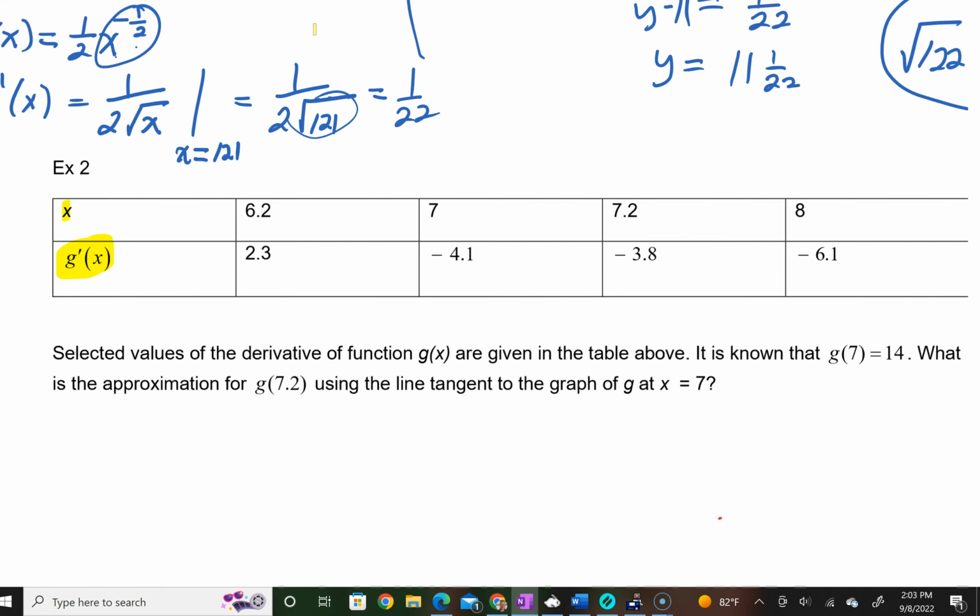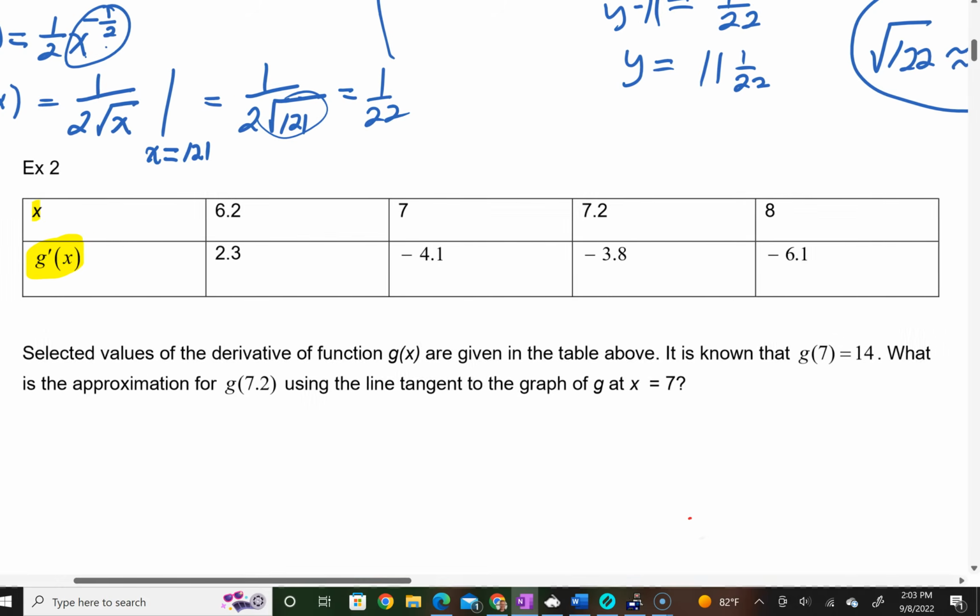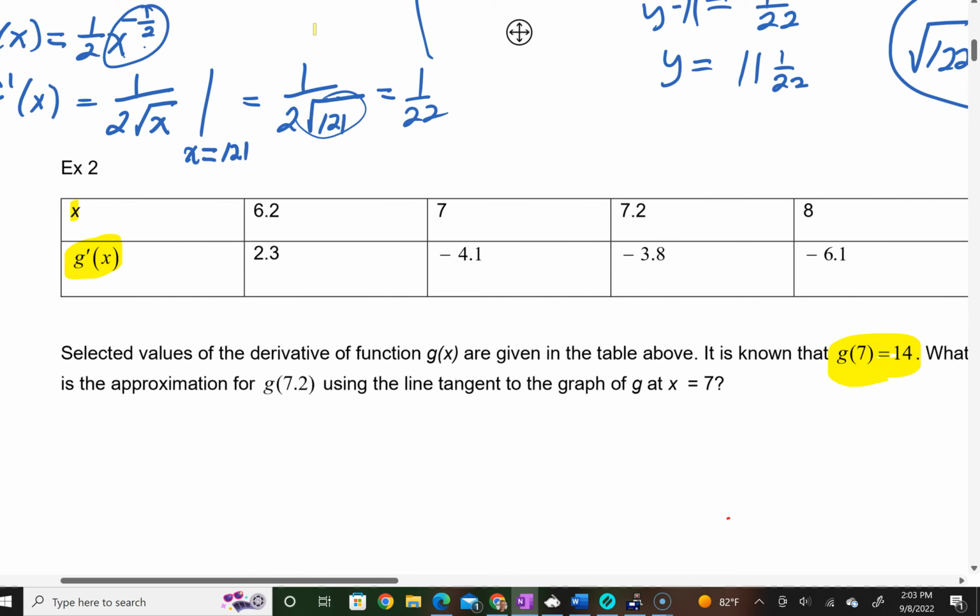You've got x and then you've got g prime. So this time they're giving you g prime, and that can happen. So you're getting these rates of change. They're saying selective values of g prime, the derivative, are given in the table. It's known that g of 7 is 14.